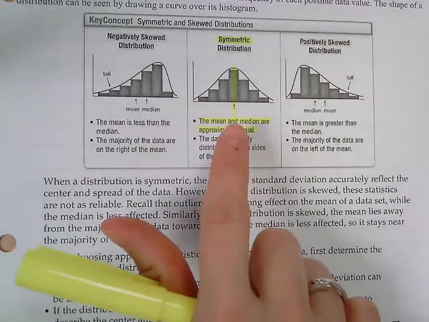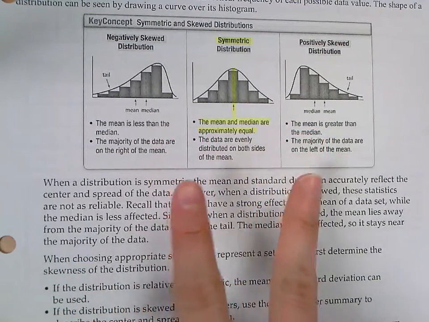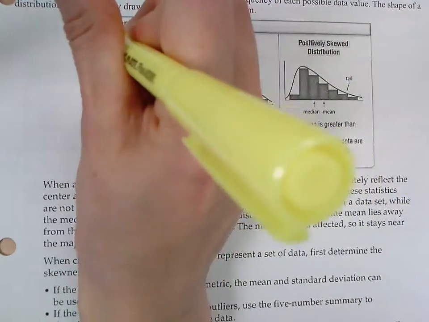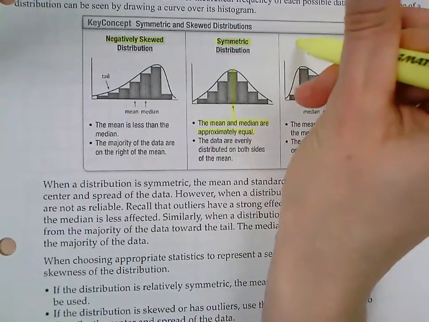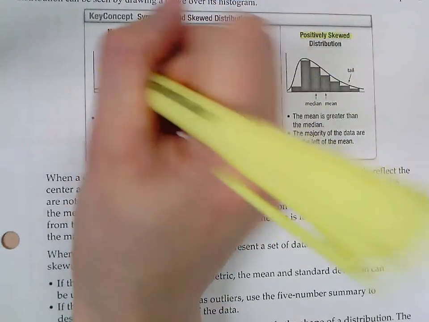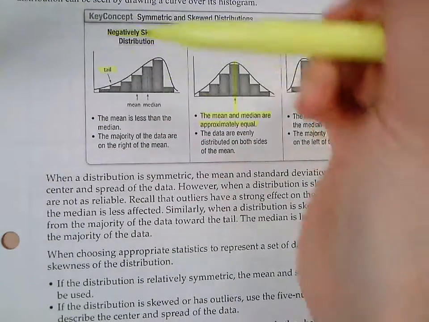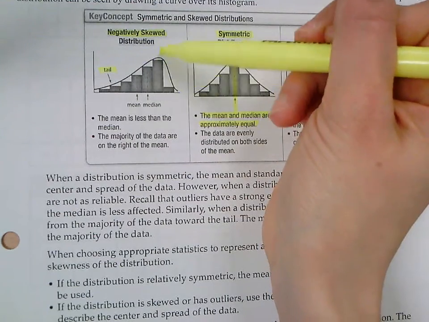If you do not have a symmetric distribution, you have a skewed distribution. This often happens with outliers. You can have a negatively skewed or positively skewed distribution. Negatively skewed, this is what it would look like. You have a tail on the left side, or the negative side if you think of it that way, and your highest point is farther to the right.